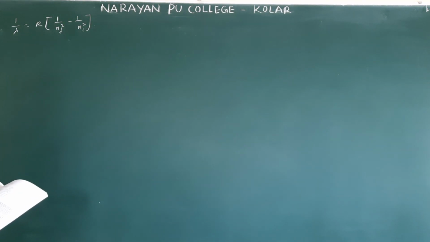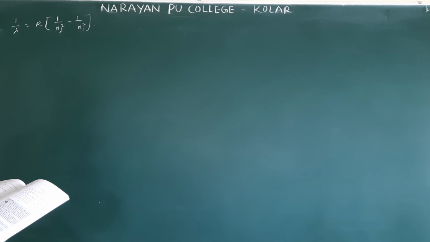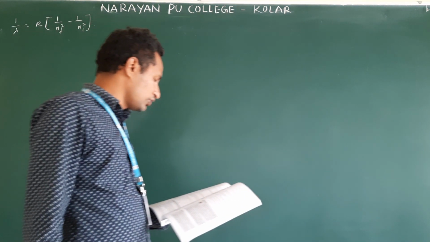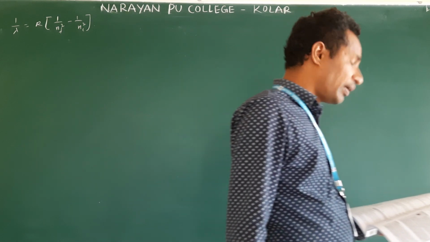R value is the Rydberg constant. Okay. The general formula is already given. Energy equation: 13.6 Z square by n square eV, minus is there.